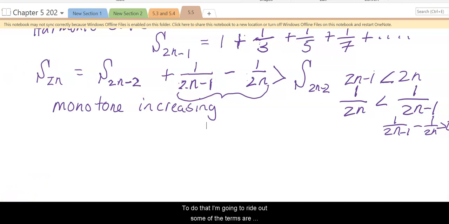To do that, I'm going to write out some of the terms that are involved in S sub 2k.